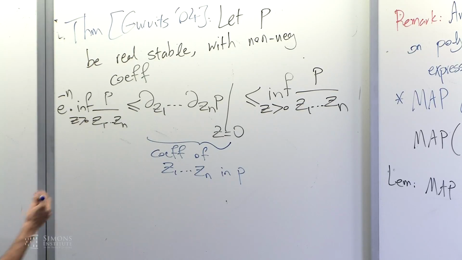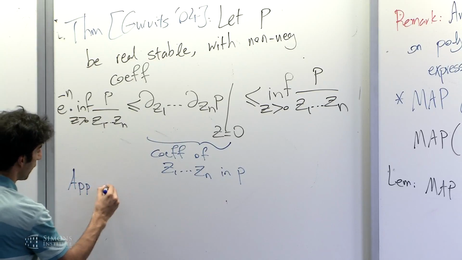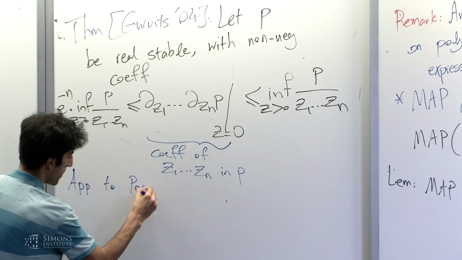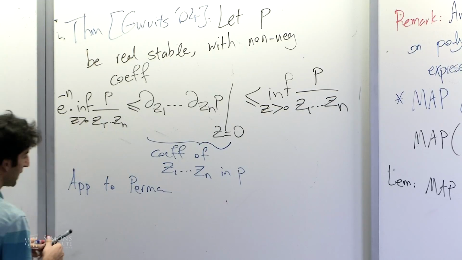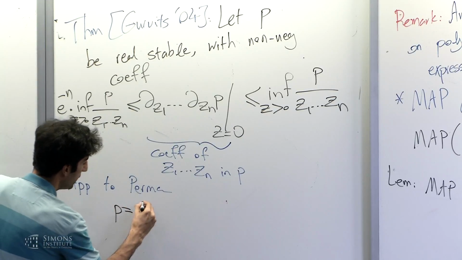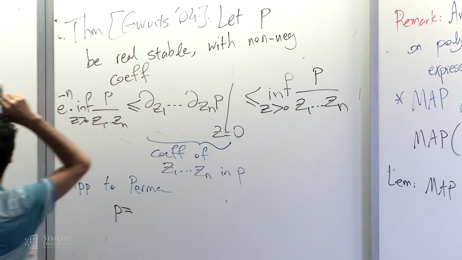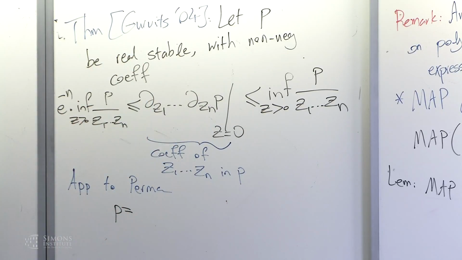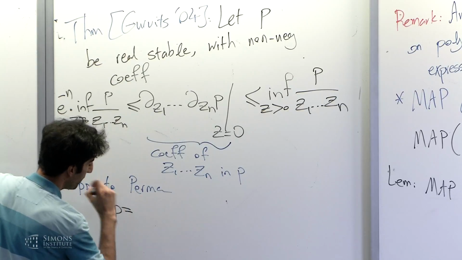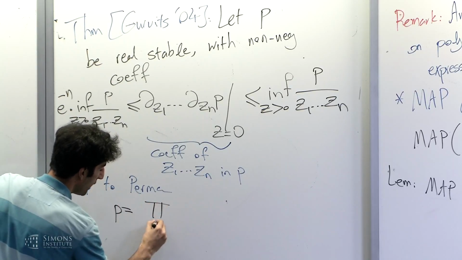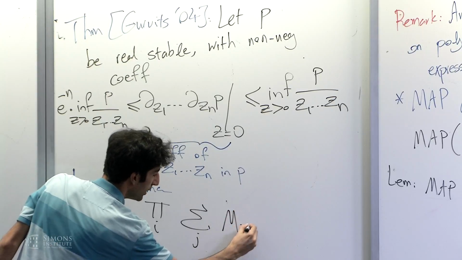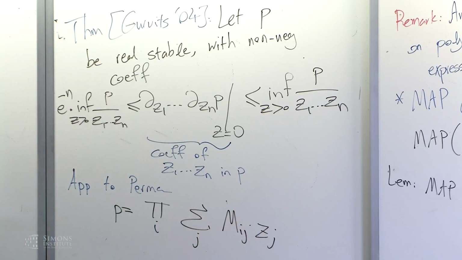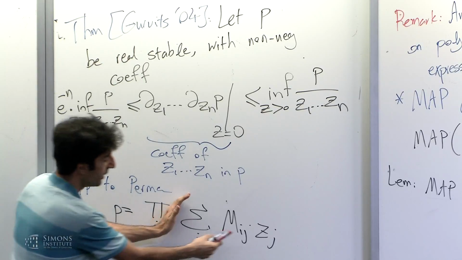So why is it useful? Application to the permanent. Fix this matrix M that we have. We want to compute the permanent. Let P be the product over i of the sum over j of m_ij z_j.